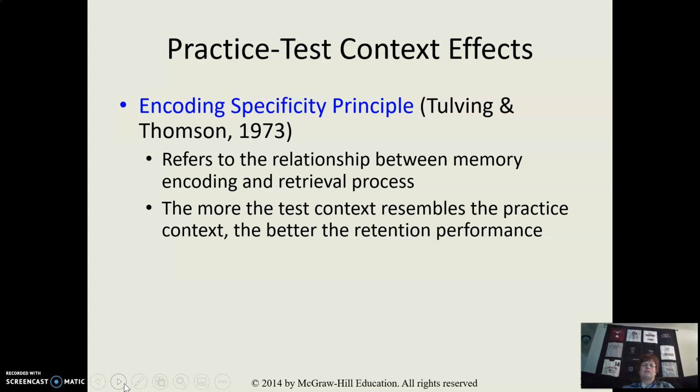The principle basically says the more alike the encoding is to the retrieval, the more likely it is that you're going to remember it. So the more the test condition context resembles the practice context, the better the retention performance. And that's a very well-known principle.